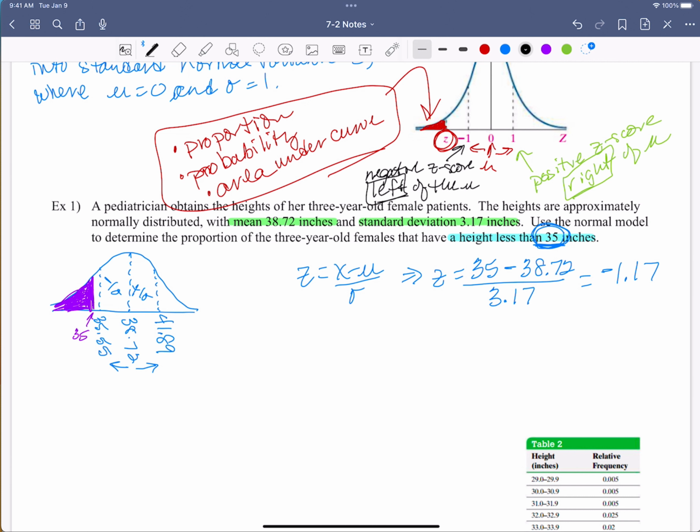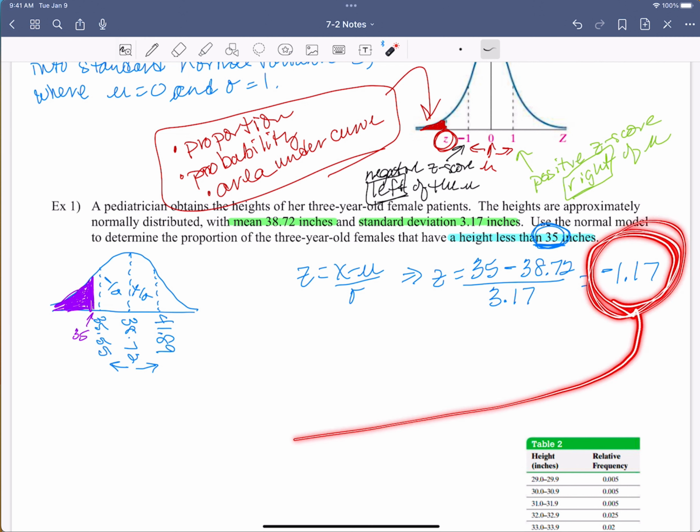If it's positive, it goes to the right of the mean. That means it's above halfway, right? Because that's what we determined. Our mean is in the center, and so it's above halfway. If it's a negative z-score, then it's to the left. It's below halfway. Now I just want you to make these connections. This is negative 1.17. Here is my mean.